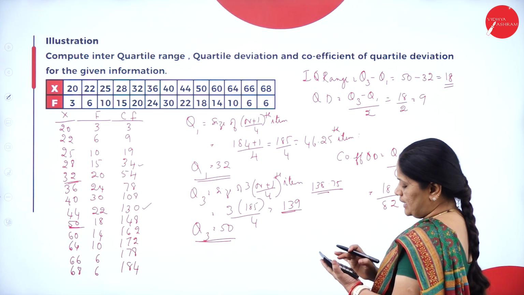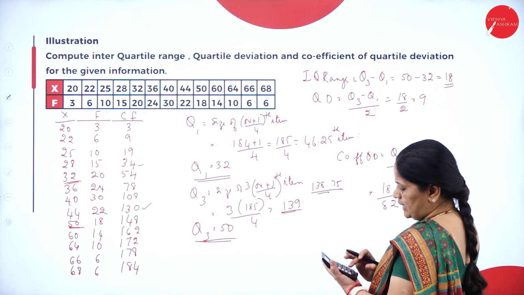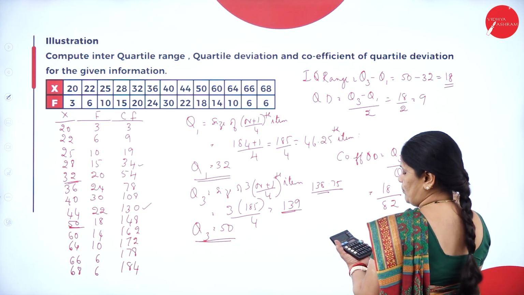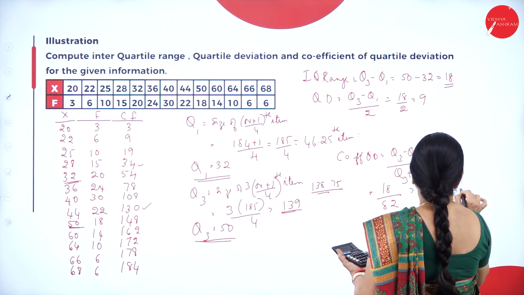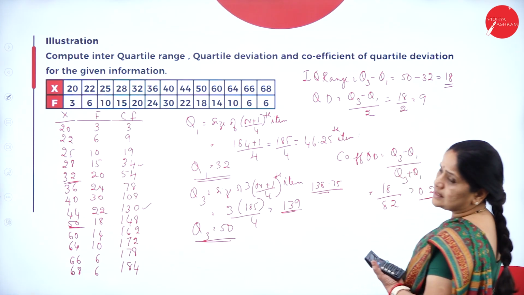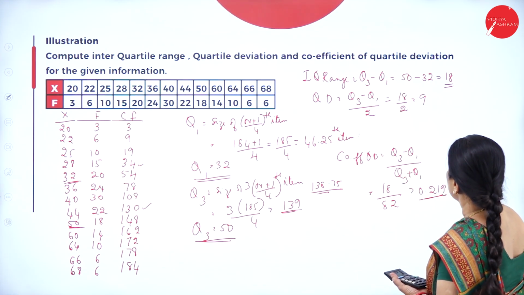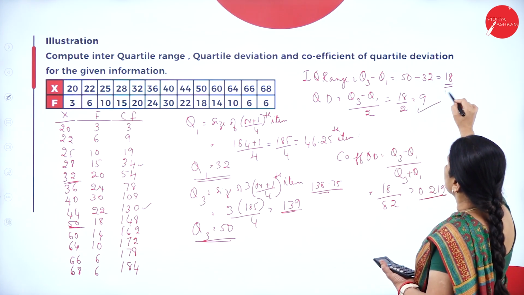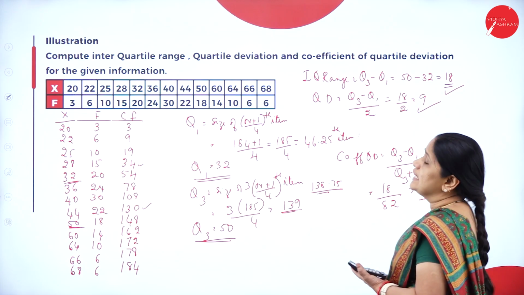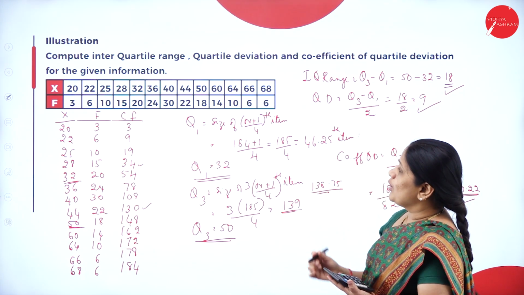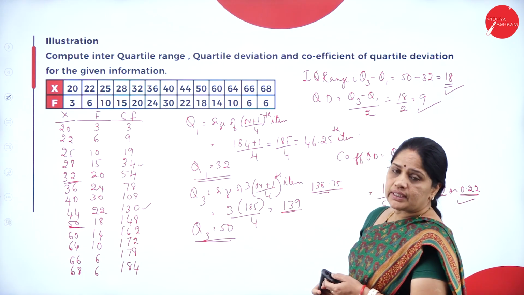So 18 divided by 82 equals 0.219 or 0.22. So this is the answer. The coefficient of quartile deviation is 0.22. The quartile deviation is 9 and the interquartile range is 18. So in this way we have to solve the problem which is given. Now we go to the next.